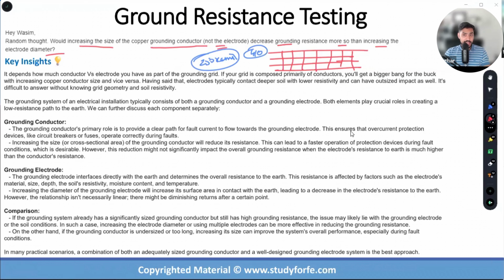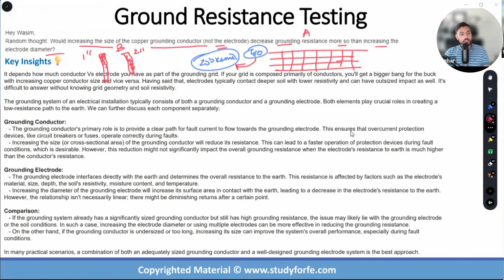Okay, so that's scenario A, where you're going from a 4/0 copper grounding cable to a 250 kcmil. And let's cook up a scenario B, where you have, let's say, a 1-inch diameter, and you're going to a 2-inch, same length grounding electrode.